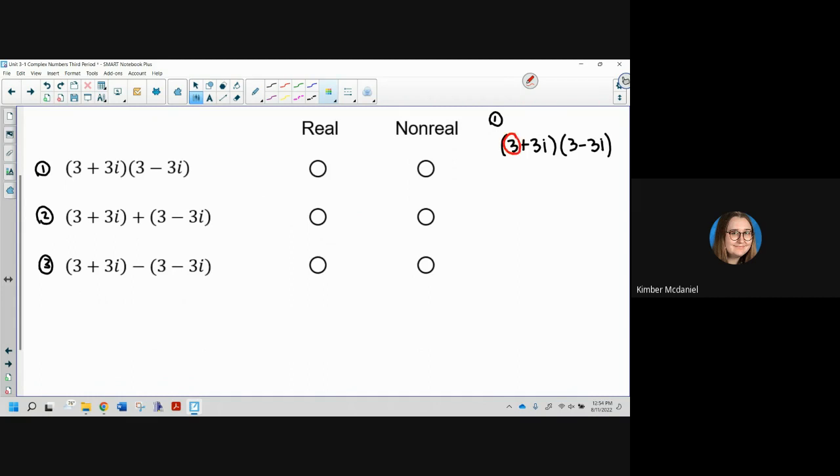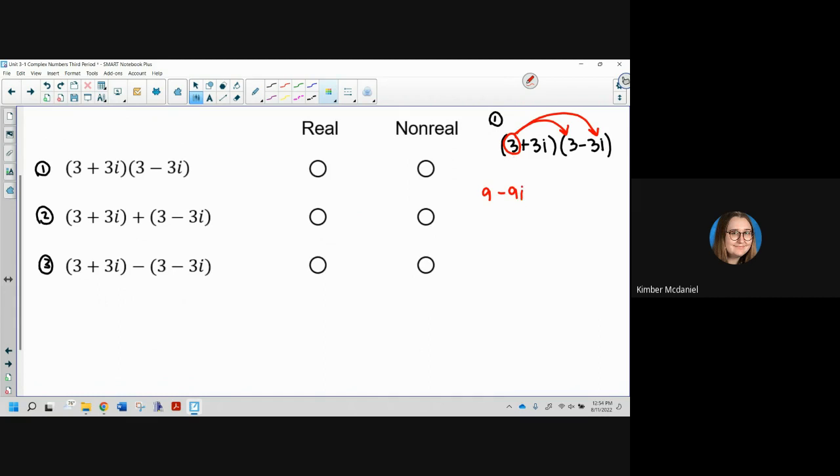I'm going to start with the 3, and I'm going to multiply that by each of the terms in my second parentheses. Okay? So 3 times 3 is 9. 3 times negative 3i is negative 9i. So I've taken care of that.